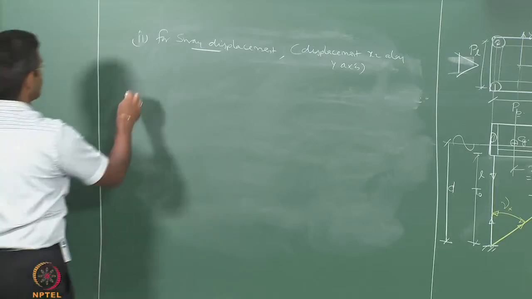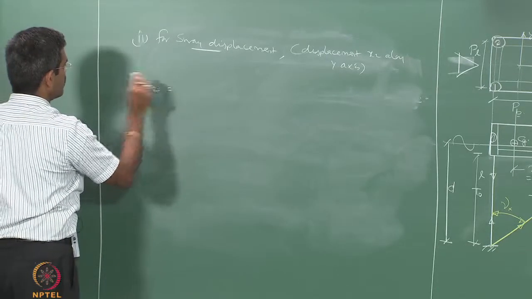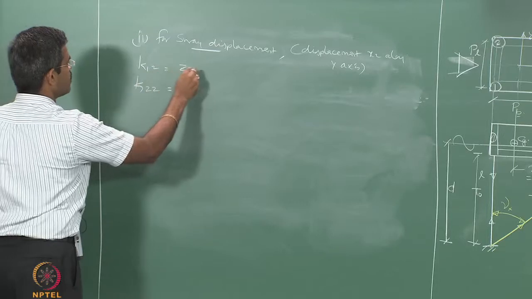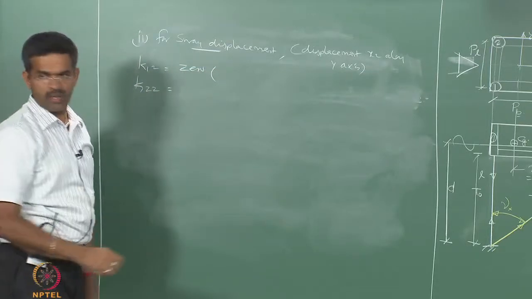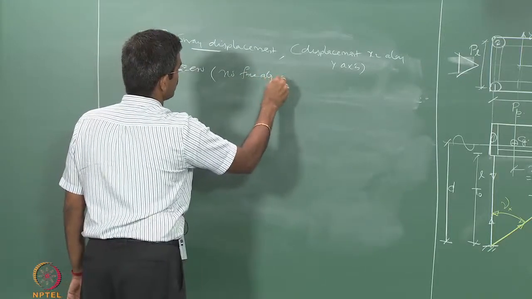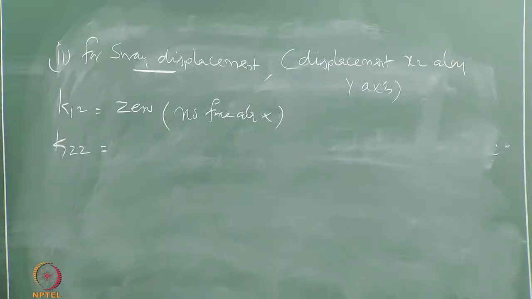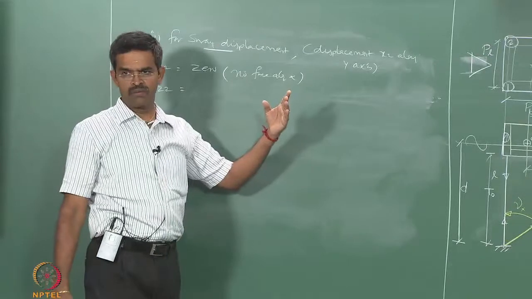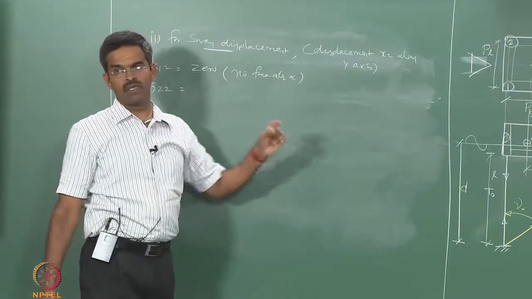So, I will get K22. K12 will be 0 because no force along x because of displacement caused along y. Okay. There is no movement along x because of displacement caused along y, because we have to keep all other degrees restrained.